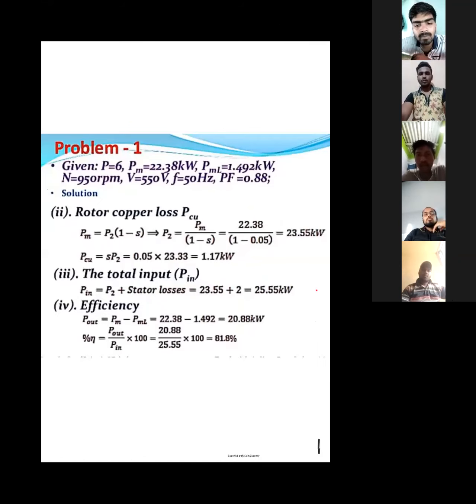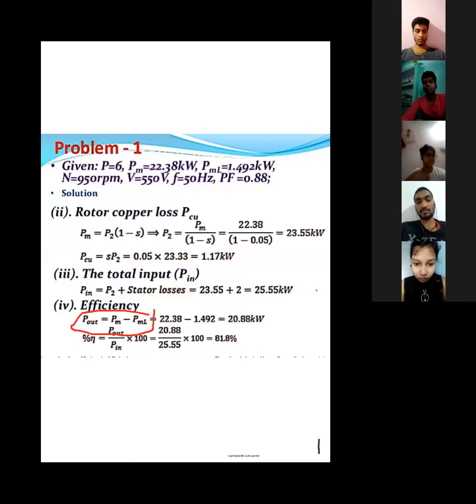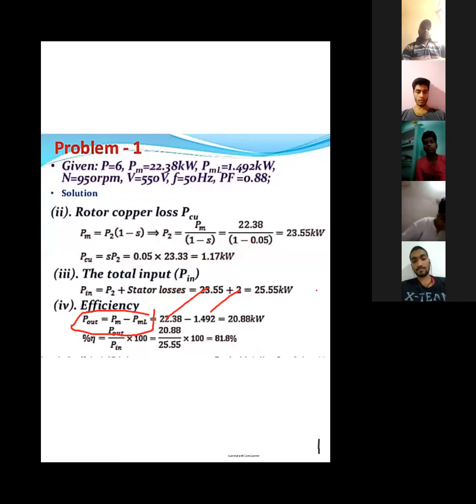Output power will be the difference between the mechanical power developed and mechanical losses. Mechanical power developed we have calculated, it was 22.3, and mechanical loss is also given in the problem, it was 1.492 kilowatt. So output power is 20.88 kilowatt, and input power we have also calculated.